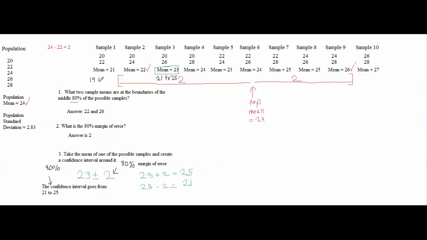If we made it an 80% confidence interval, it would go from 19 to 23, because we're taking 21 and adding and subtracting 2. If we take sample 10, which is above the middle 80%, and we add and subtract 2 from 27, we get a confidence interval of 25 to 27.